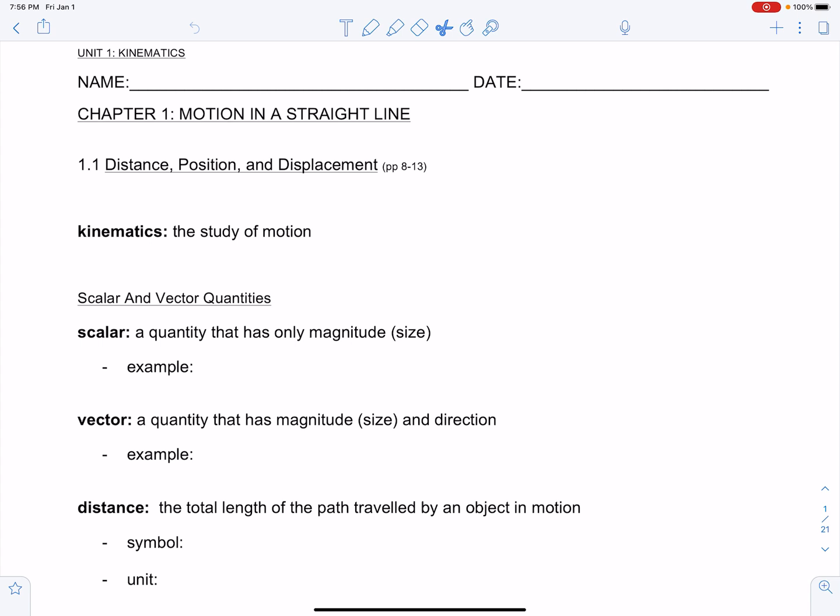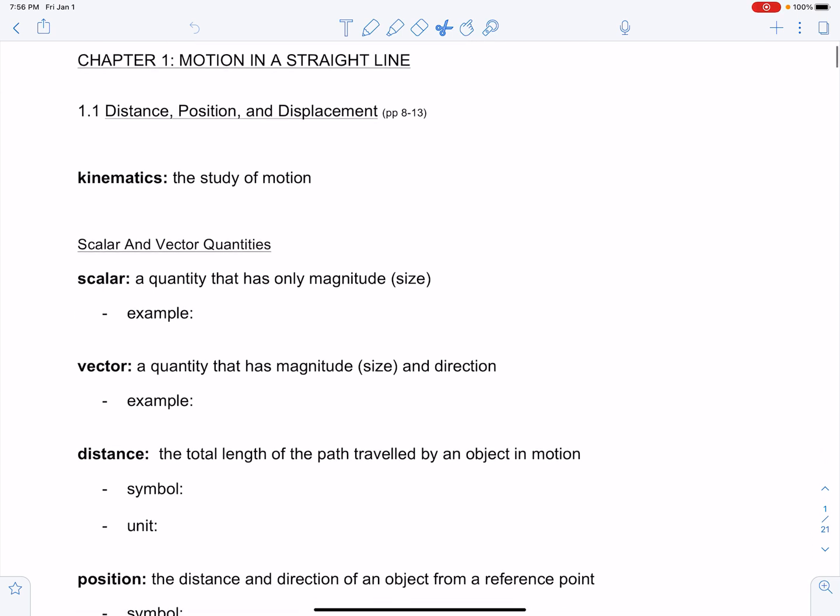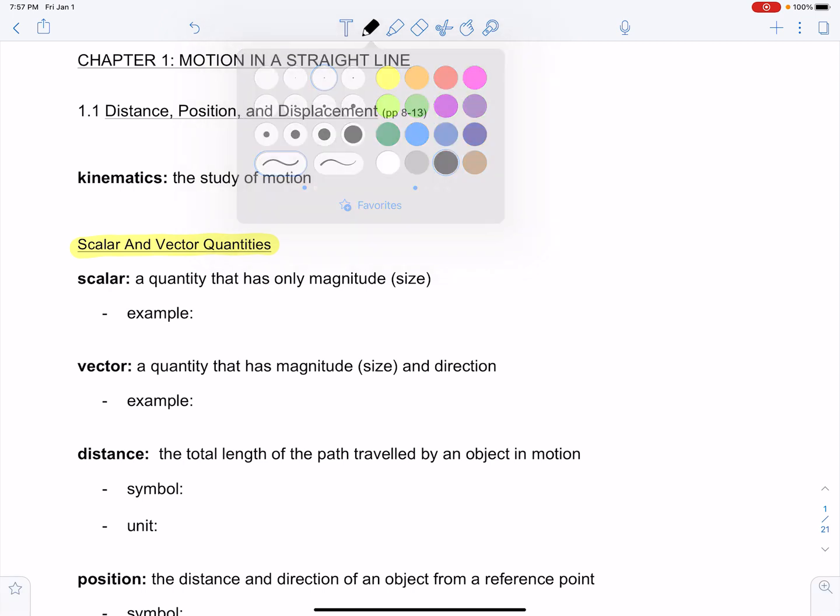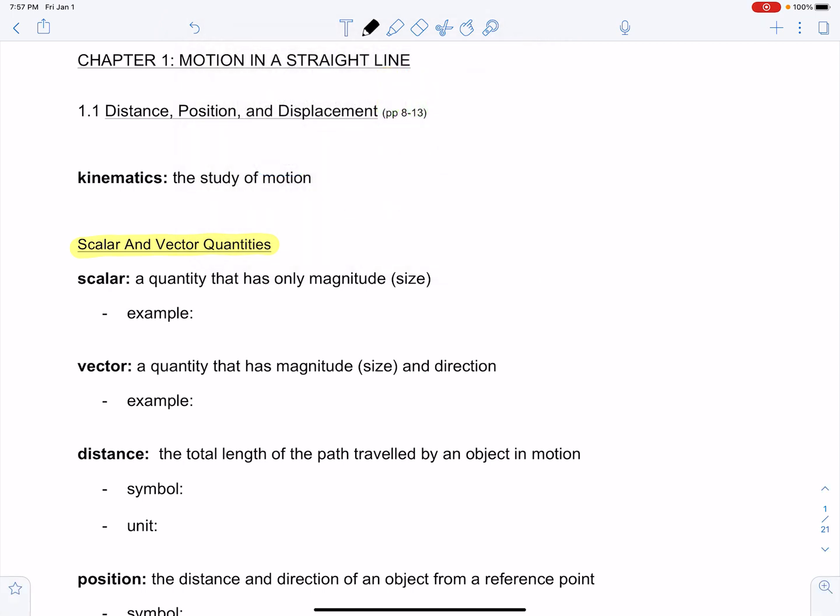Before we begin, we need to introduce the concept of scalar and vector quantities. All measured quantities in science are classified as either a scalar quantity or a vector quantity. A scalar quantity is a quantity that has only a magnitude or a size.